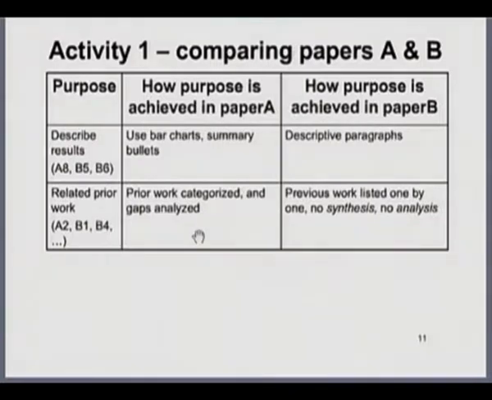All previous work related to the gaps or related to the benefits of the visualizations appears together. So there is a classification done of the related work. This is some form of synthesis that's happening. Secondly, the gaps in the related work have been identified, analyzed, and stated. There is a sentence in paper A, paragraph A2.